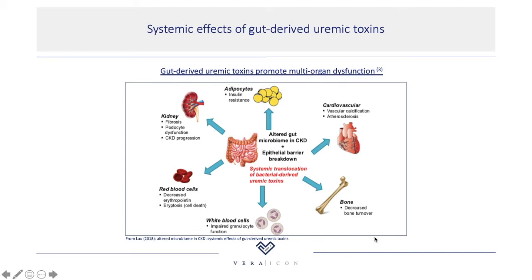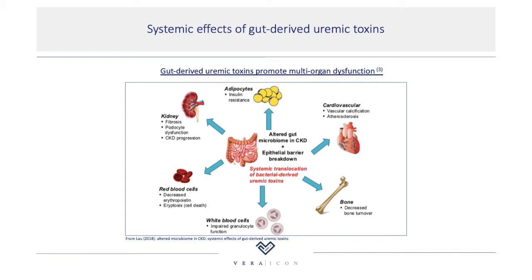This picture is also coming from this paper, where all of the effects of uremic toxins on different organs are explained. Many studies have been done on the effect of uremic toxins on different organs, and this is a review paper showing these effects. So what we can see here is that the relation is not unidirectional.